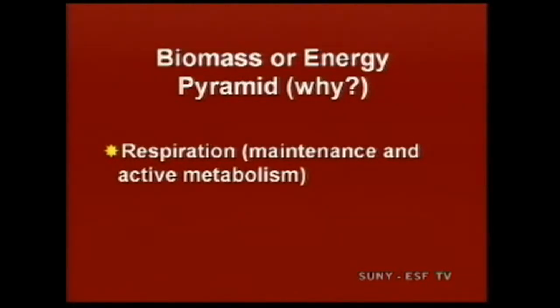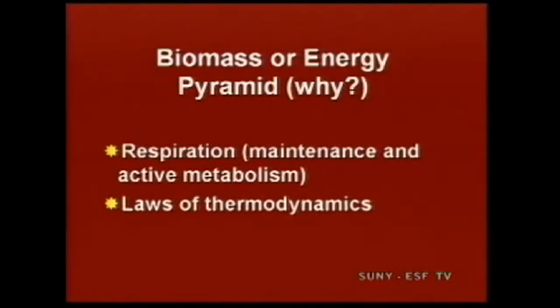When we talked earlier in the semester, we said that organisms need to use some of the energy that they capture for things like maintenance metabolism. They have to maintain their structure. Other uses of that energy are for active metabolism, so that's moving around, avoiding predators, and catching more food, bringing in more energy. So some of that energy is lost.